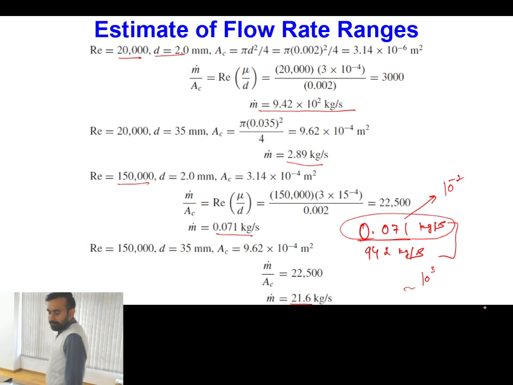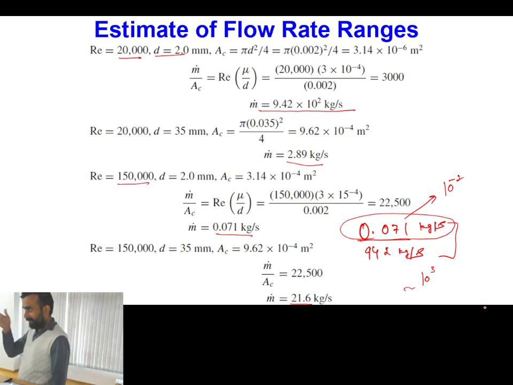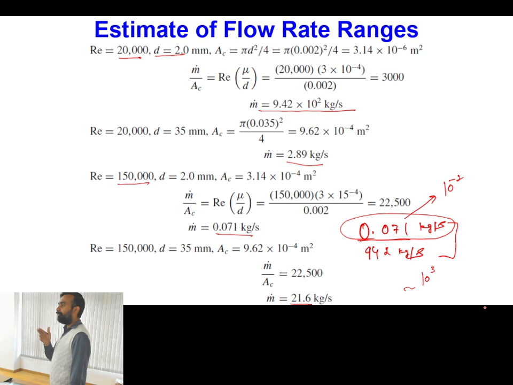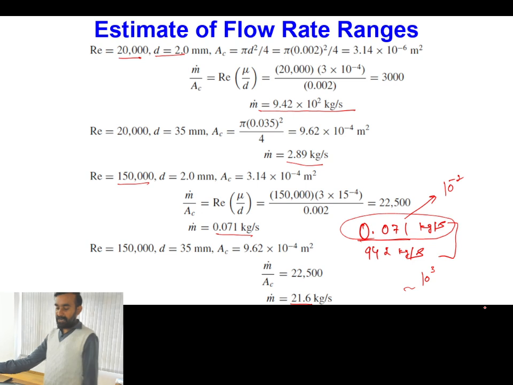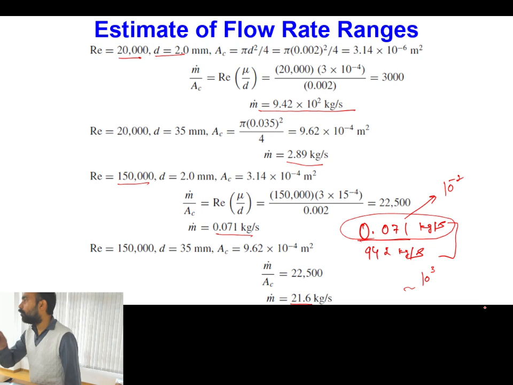So what we will do, instead of at the initial stage itself planning for a large number of experiments with a large number of diameters and multiple instruments, we will try to take some simplified approach where we will take a single representative diameter of all these pipe diameters, and for that single representative pipe diameter, whatever the range of flow rate we are getting, we will try to select the flow meter for that particular range, and we will do initially experiment with the single diameter.